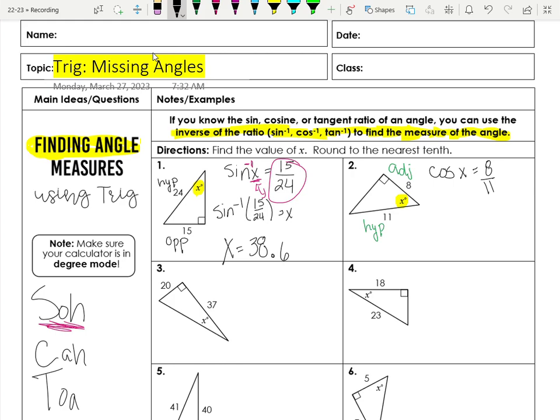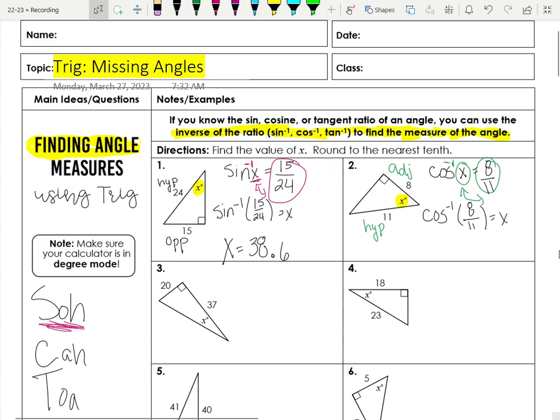And again, if we have an x with our cosine, what we're going to do is take these, flip them, and add that -1. So I now have cosine inverse of 8 over 11 equals x, and from that point we plug it into our calculator.